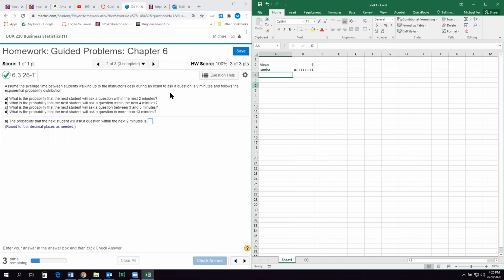And then we're going to have an x, some number it's going to ask us for, and then we just need to find the probability. For the probability, remember this is called an exponential distribution, so it's expon.dist, where we have X, a lambda, and a cumulative.